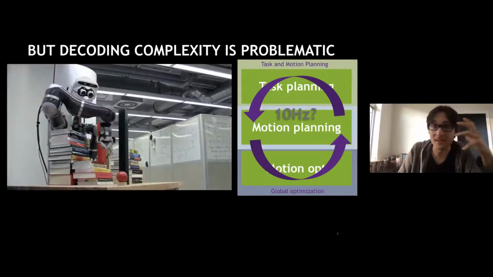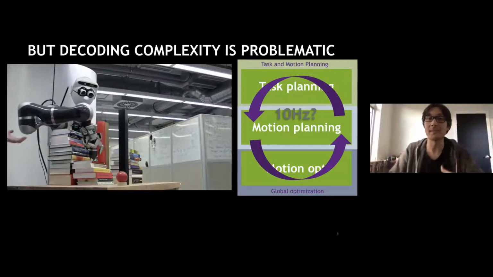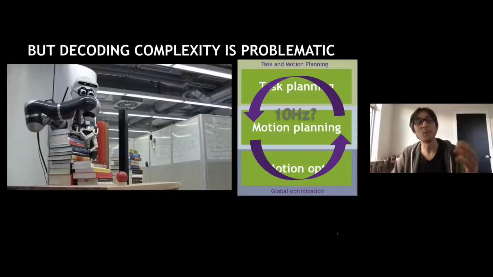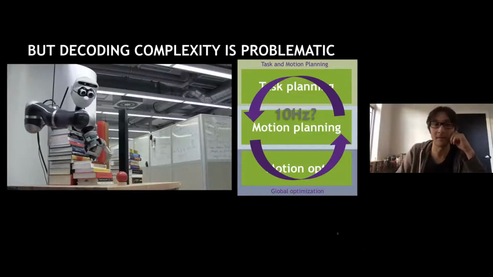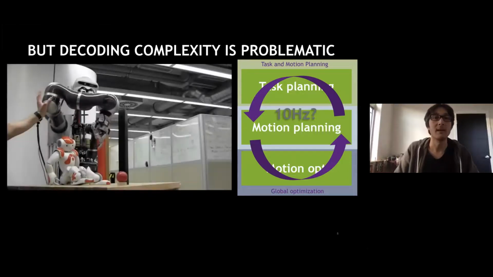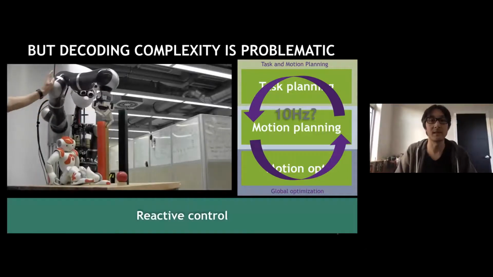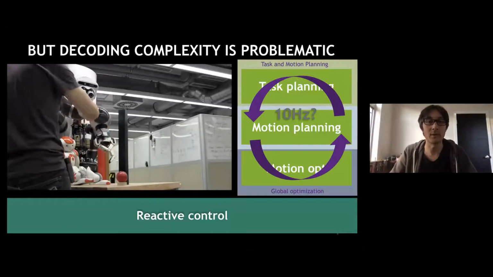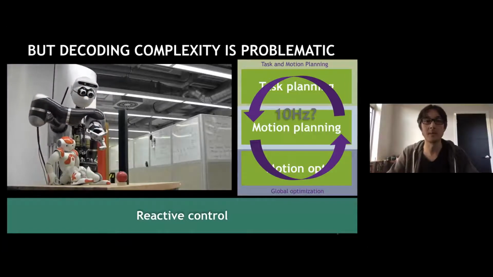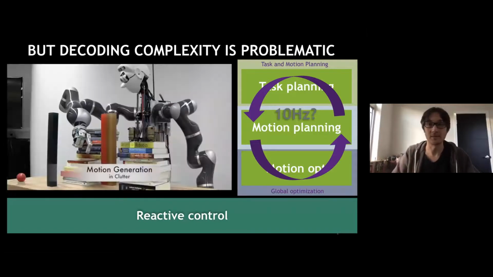It's just a really difficult problem to take a cost function and actually decode a behavior like this. What we found, in order to get the type of behavior that you see right there, where I'm interacting with the robot, pushing it around, is that we had to have all of this operating over the top of reactive control, something that can be incredibly reactive to these sorts of behaviors.